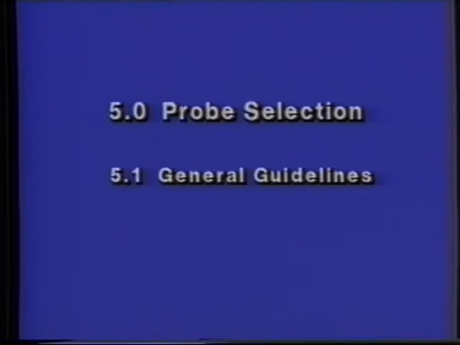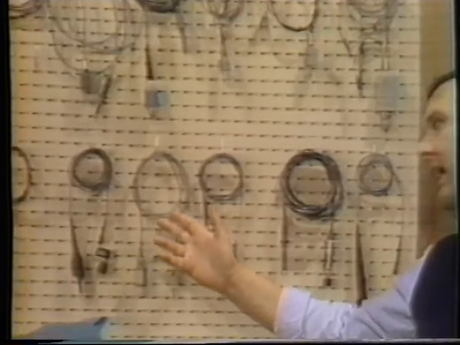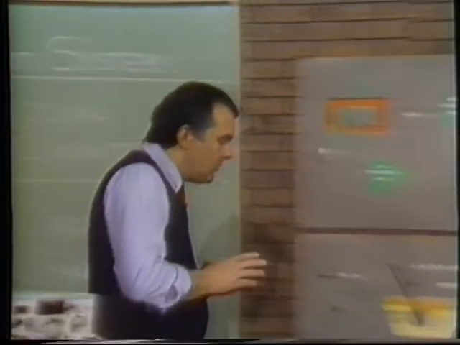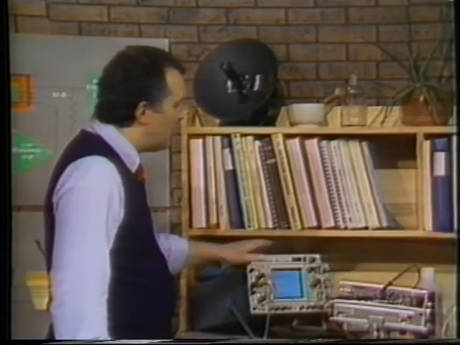Passive probes. Active probes, current probes. What have we discovered? I think the most important thing is that we're dealing with a measurement system, not just a series of isolated problems. The connection between the oscilloscope and the circuit under test is extremely important.